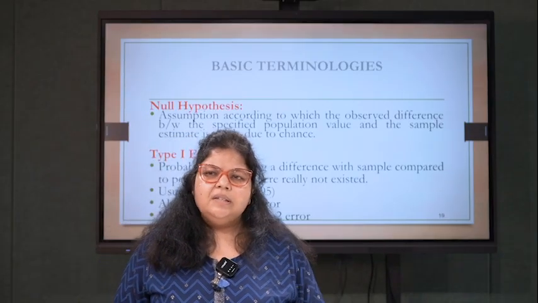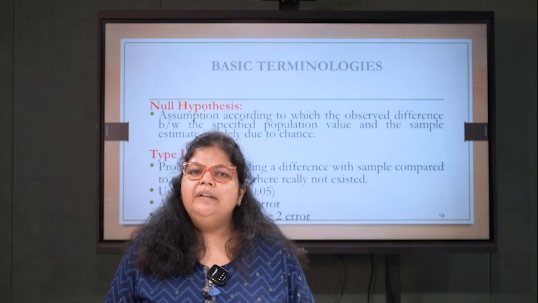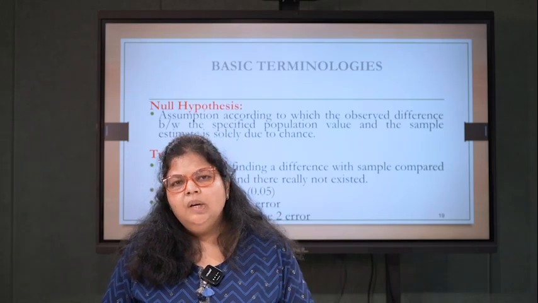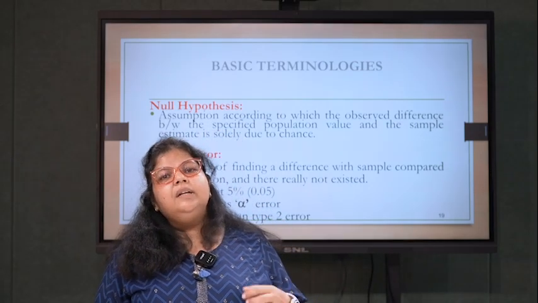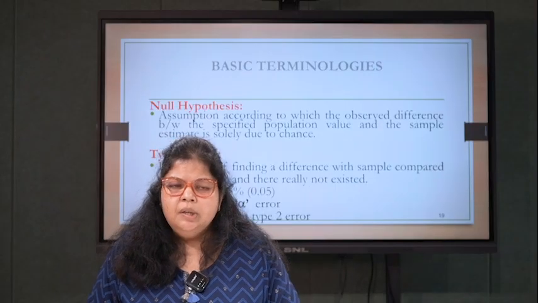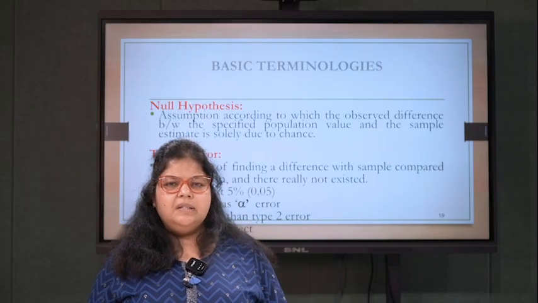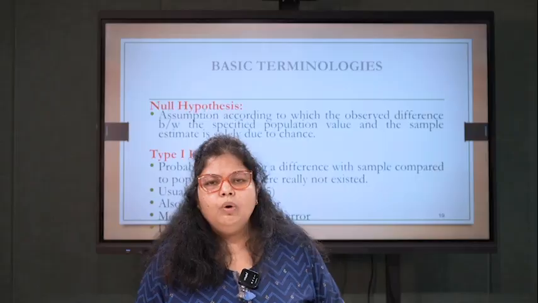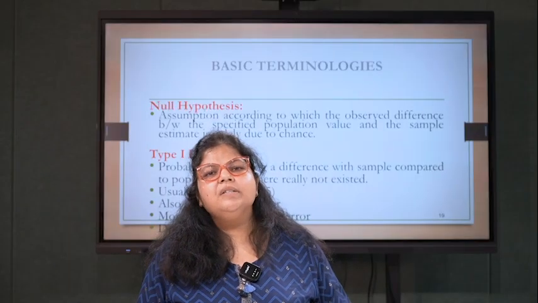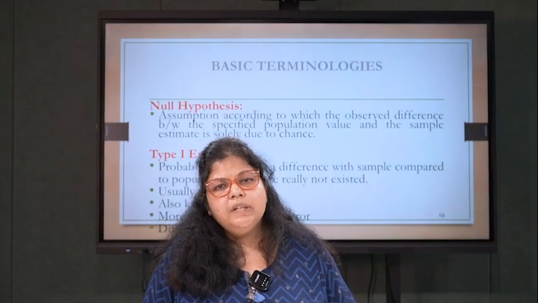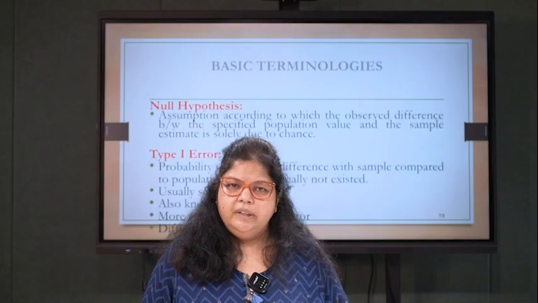Now what statistics does is, statistics does not take this hypothesis into consideration, but it takes the null hypothesis into consideration. That means statistics does not prove that whatever you have thought is right, but it disproves whatever you did not think.